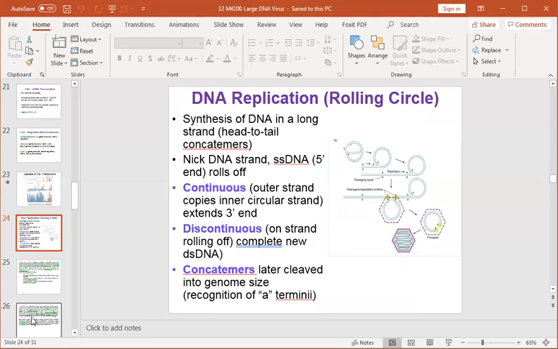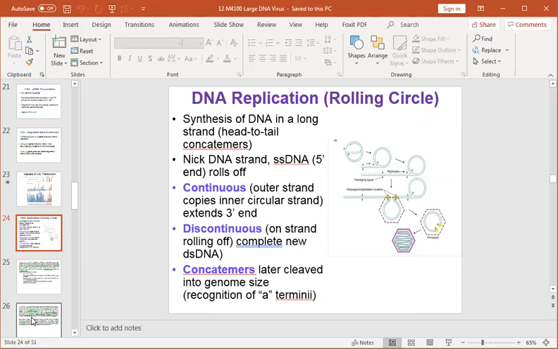DNA replication uses a rolling circle method. So the synthesis of DNA is in a long strand, made of bits and pieces.